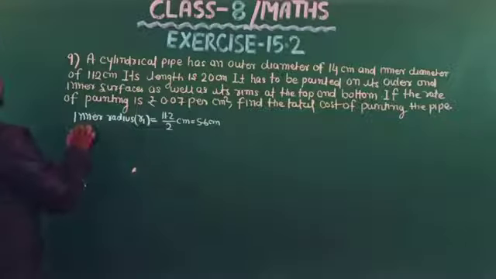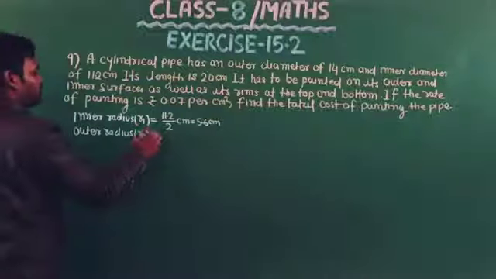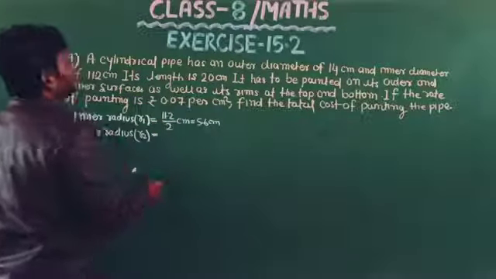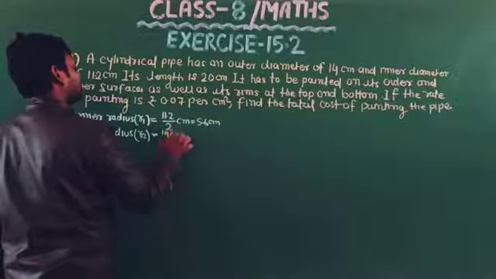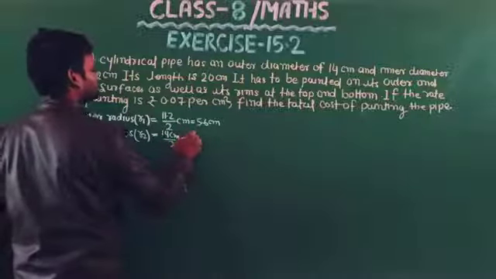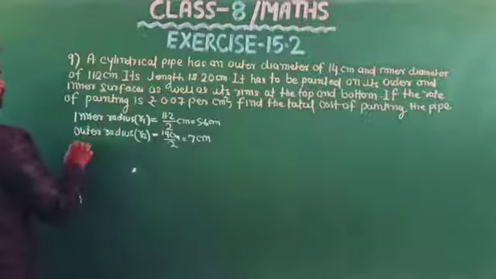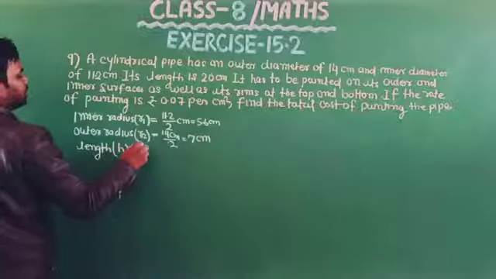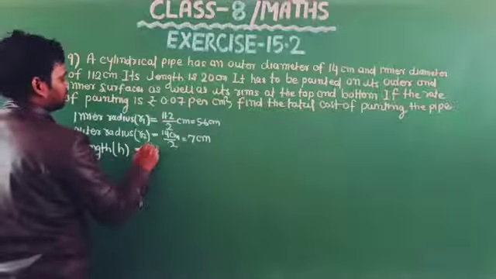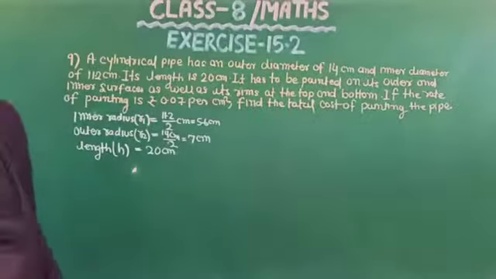Similarly, the outer radius will be R2. R2 is equal to 14 centimeter divided by 2, equal to 7 centimeter, and the length H of the cylinder is given as 20 centimeter.